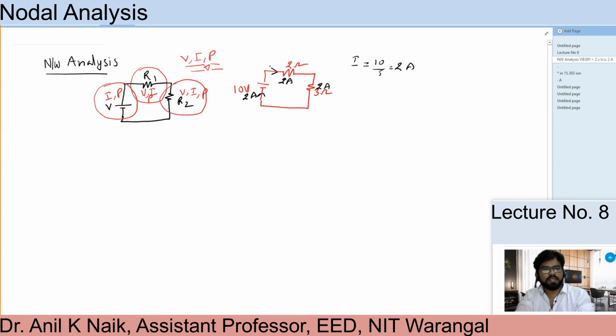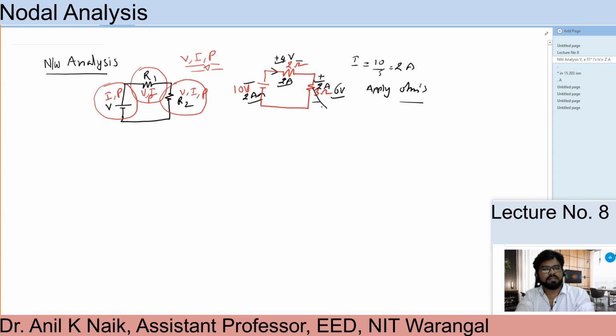Now what is the voltage across each resistor? It is 4 volts across the 2 ohm resistor and 6 volts across the 3 ohm resistor. This is a very simple circuit, where I only applied Ohm's law and found the voltage and current at each element.